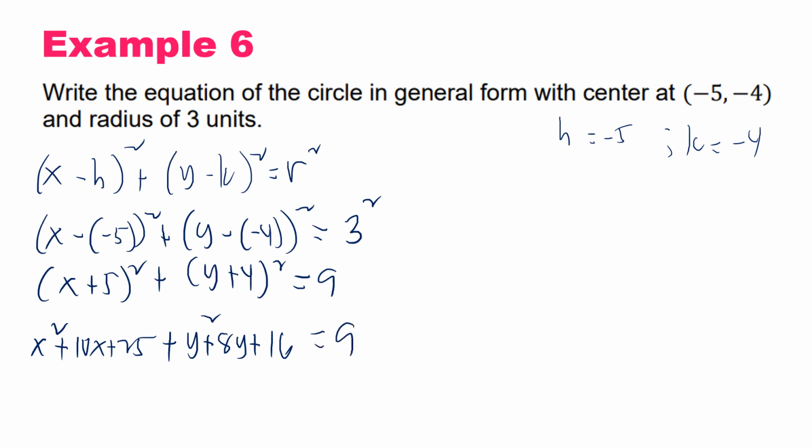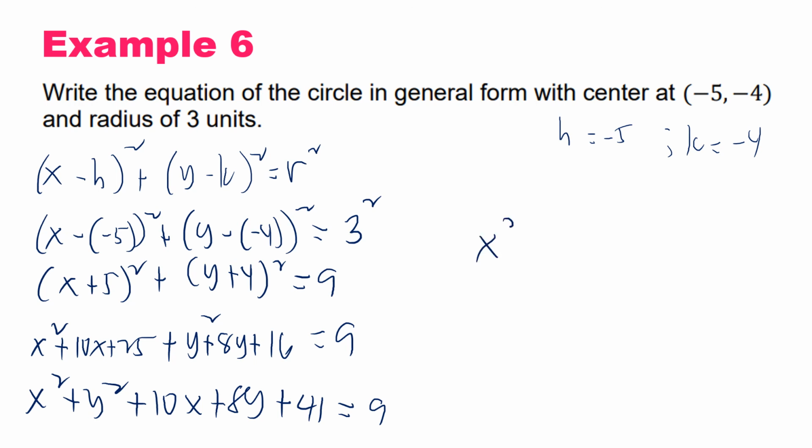Then combine, putting together x squared plus y squared, then 10x, then 8y, plus 16 plus 25, which is 41. So you are given 41 equals 9. After that, we need to transpose 9 to the other side.